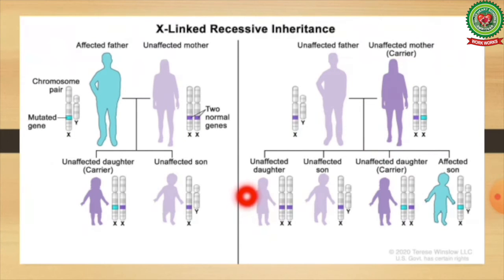Progeny will be 25% daughters and 25% sons unaffected and having the normal genes, and 25% daughters will have normal vision but will be carriers of the defect, and 25% sons will be colorblind.